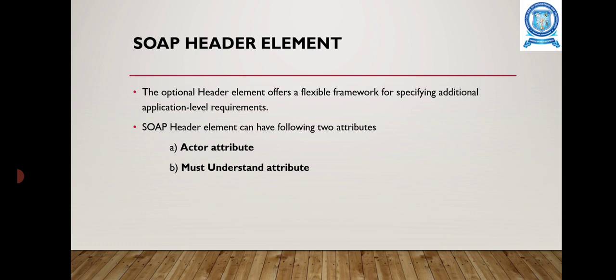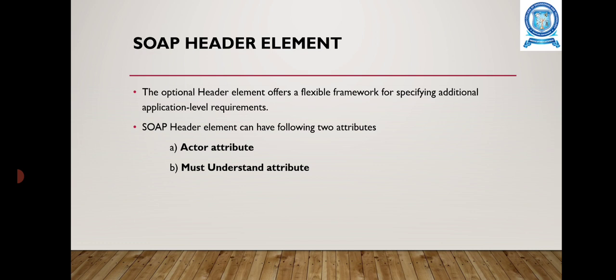Next one is the SOAP header element. The SOAP header, the optional header element, offers a flexible framework for specifying additional application level requirements. There are two attributes available inside the SOAP header element. First one is the actor attribute, then second one is the mustUnderstand attribute.